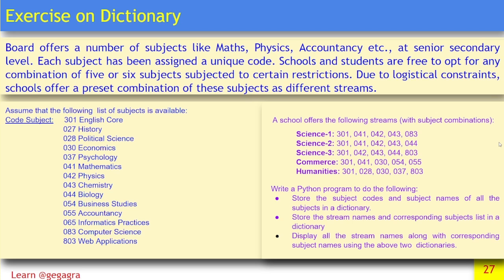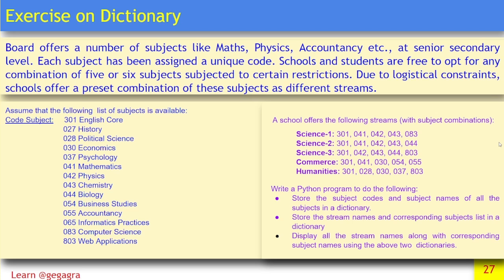In science 2, 301, 042, these subject codes are offered. Commerce, 301, 041, 030, 054 and 055. And humanities, there are subject codes like 301, 028, 030, 037 and 803.